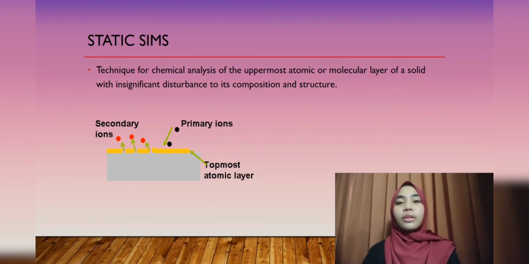There are two modes of secondary ion mass spectroscopy. First is static SIMS. This mode uses a much lower energy primary ion beam, usually gallium or cesium. This technique is typically used for analysis of atomic monolayers on a material surface to obtain information about molecular species on the material surface, such as organic compounds.